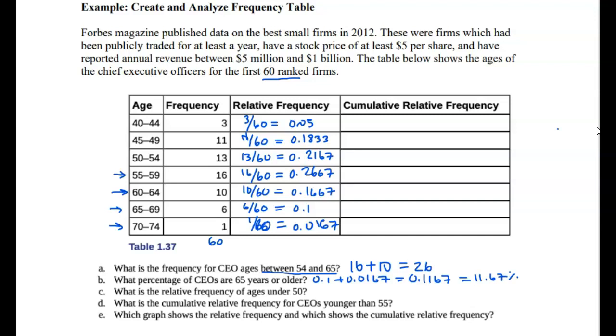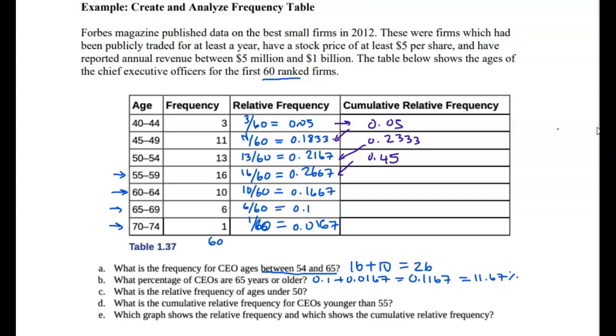So this means that you're going to start with the first row here, the relative frequency 0.05, and then to get the next one, you're going to do this plus this, so 0.05 plus 0.1833, 0.2333, and then you add the next one, plus 0.2167, so 0.45.